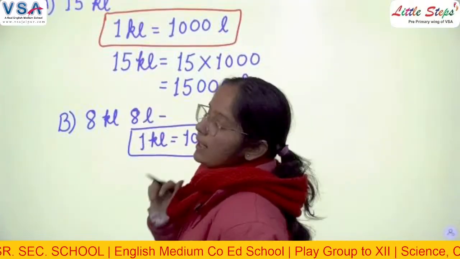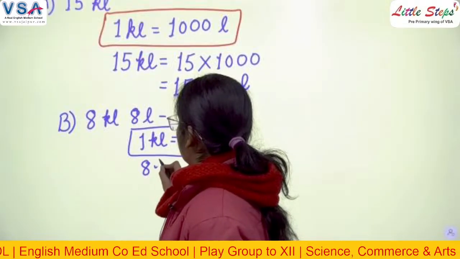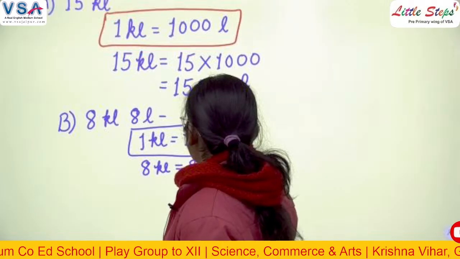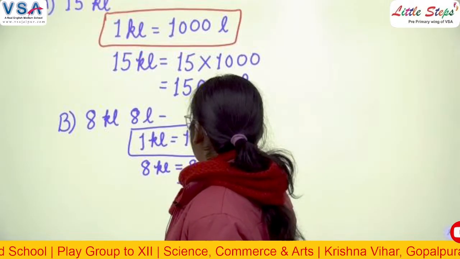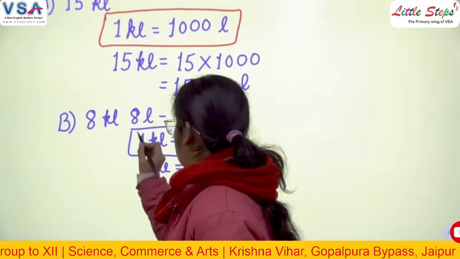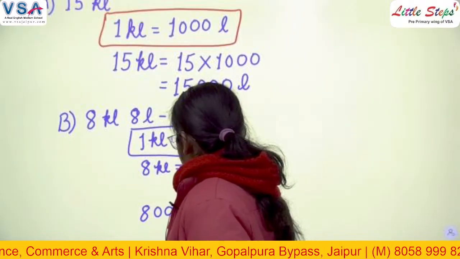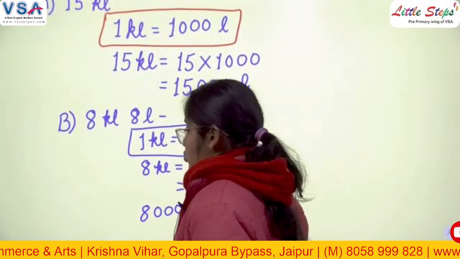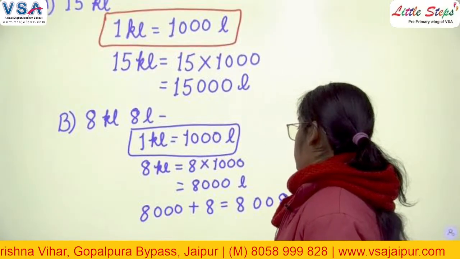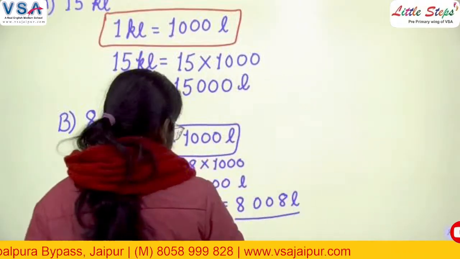So we will keep the 8 liters as it is and we will convert the kiloliters. So 8 kiloliters, 8 multiplied by 1000, will be 8,000 liters, and we already have 8 liters. So 8,000 plus 8 will summarize to 8,008. This is the answer. Clear?